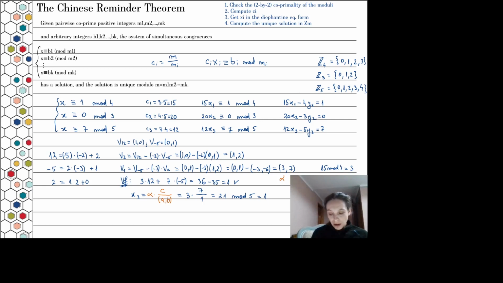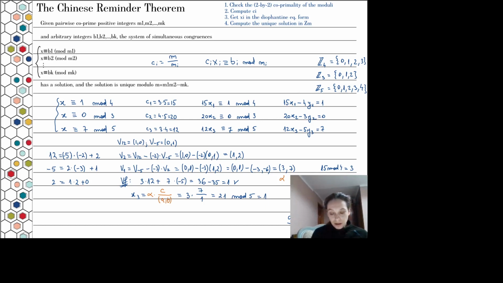Somebody asked me how we can reduce modulo a number. We have the number 9 and we want to reduce it modulo 4.